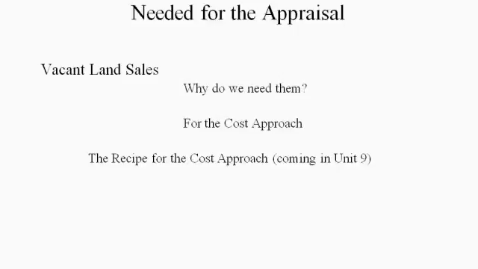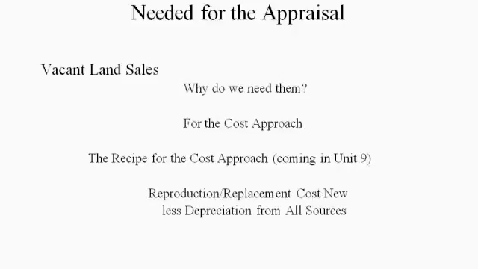The first step is to estimate the reproduction or replacement costs new, and reproduction and replacement cost are not the same thing, and in Unit 9 we'll talk about the difference, and it is an important distinction. The second step in this process is to pull out the depreciation from the various sources, and we're not in this instance talking about income tax type depreciation, but instead loss in value due to wear and tear, or having a bad floor plan, or being on a street with too much traffic.